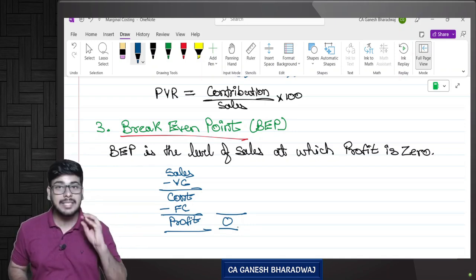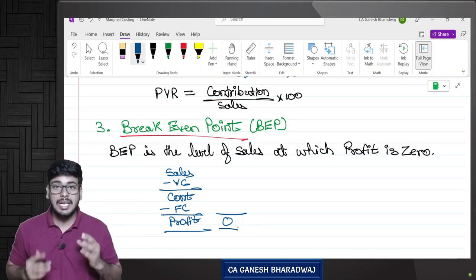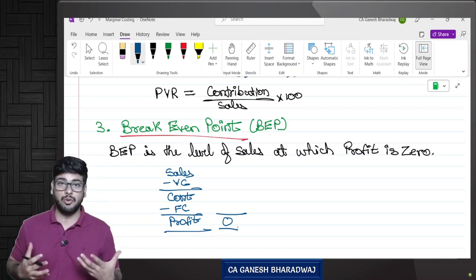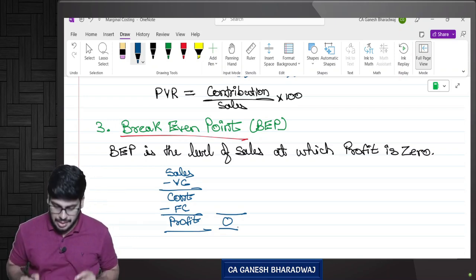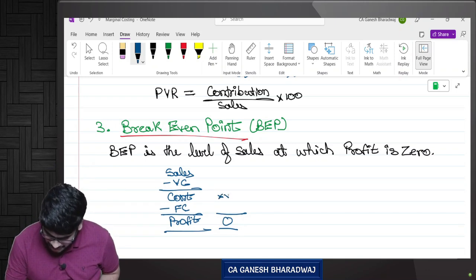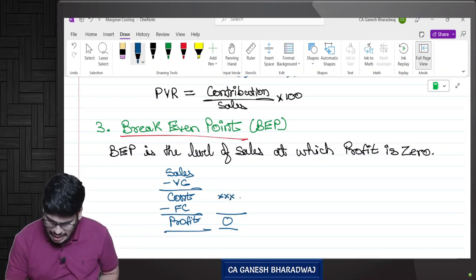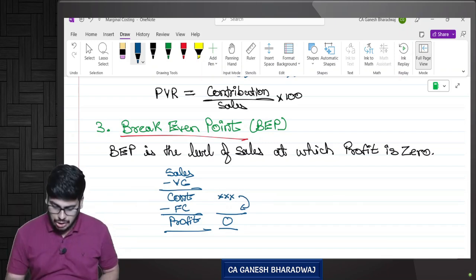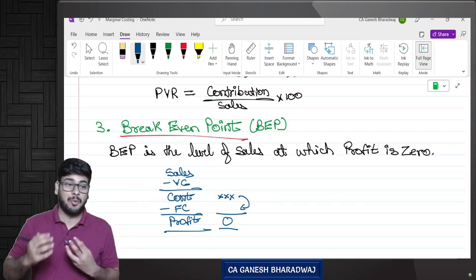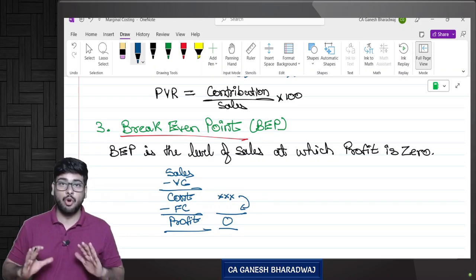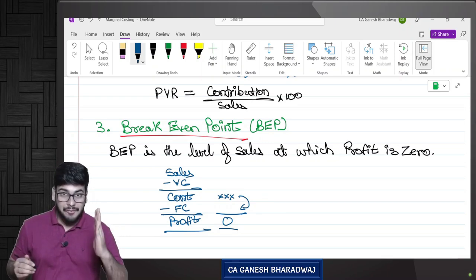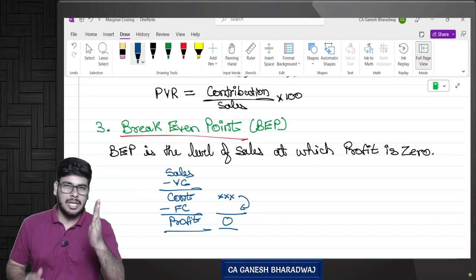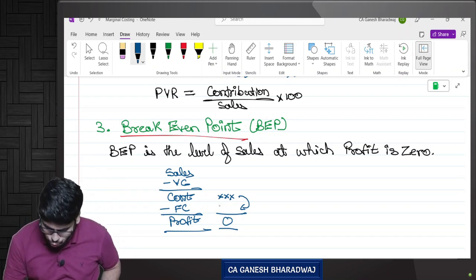Or in other words, can I say this no profit, no loss scenario happens when I earn a contribution that exactly recovers only my fixed cost?